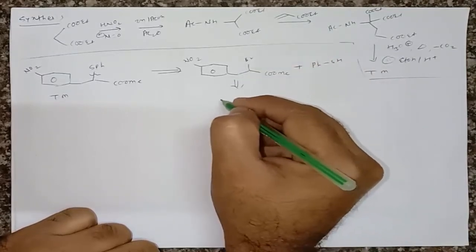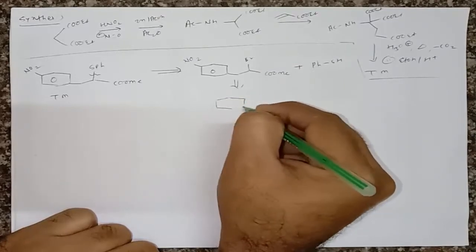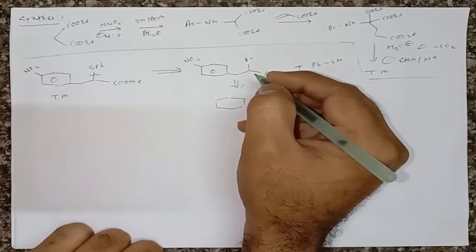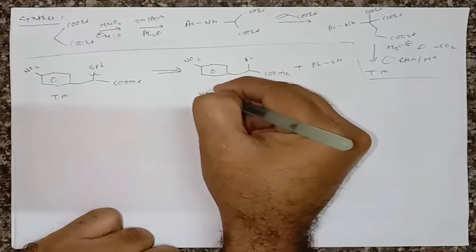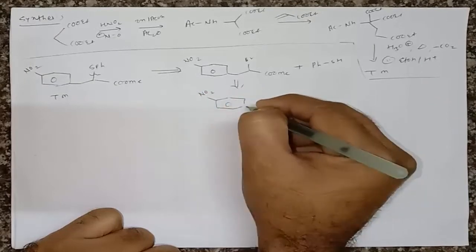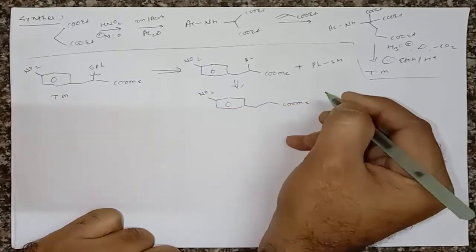That means we can introduce the bromine group at the alpha position simply by using red phosphorus plus bromine. Then the remaining molecule will be the same, that is NO2, and here is CH2COOMe, right?